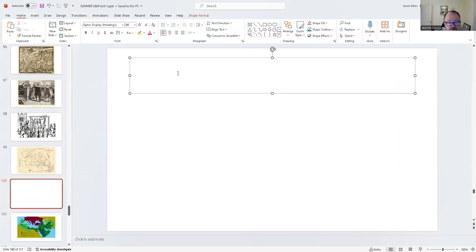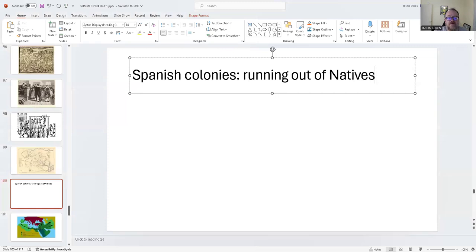Why were slaves needed? Why were African slaves needed in the New World? The main reason is that in the Spanish colonies, they were running out of natives to enslave. We didn't talk too much about the Spanish slave system, but natives had been used for slavery.